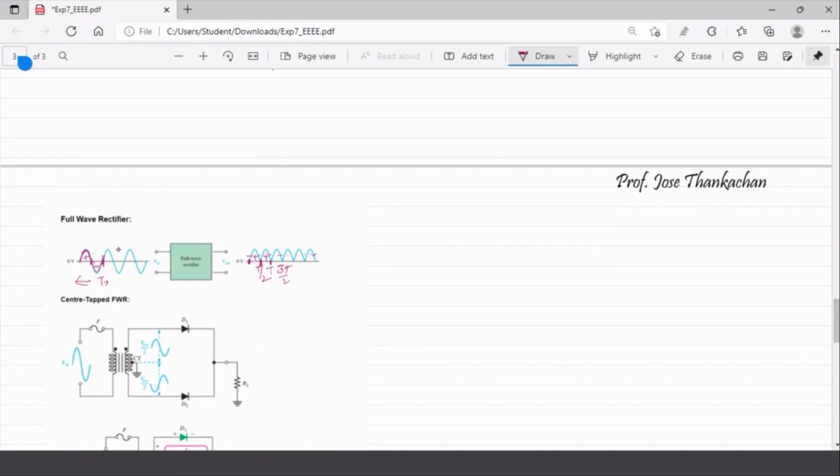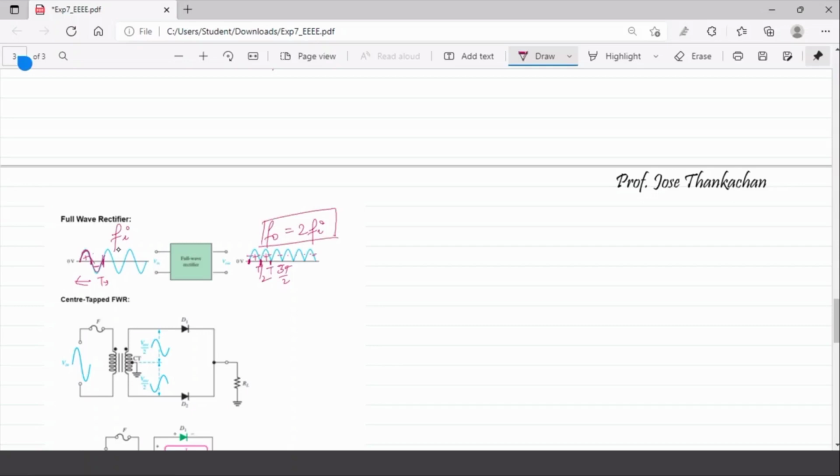If the input frequency is F input and the output frequency is F output, then since the time period of the output is becoming half, the frequency is becoming twice. So the output voltage for a full wave rectifier will have a frequency 2 times that of your input frequency: F naught is equal to 2 times Fi. This is with respect to the waveform of your full wave rectifier.